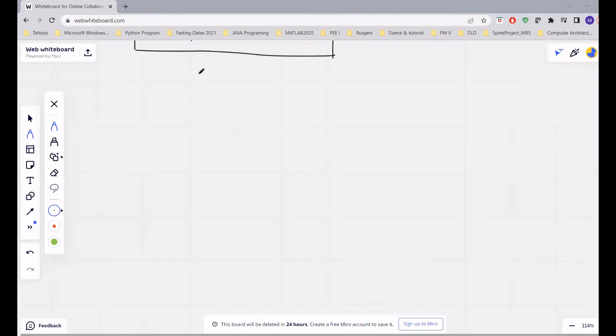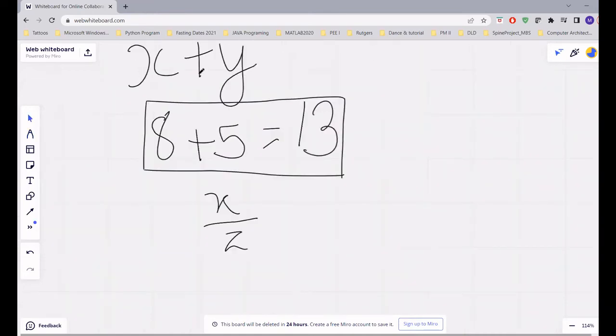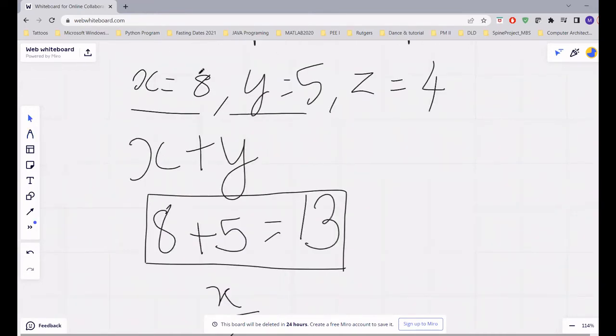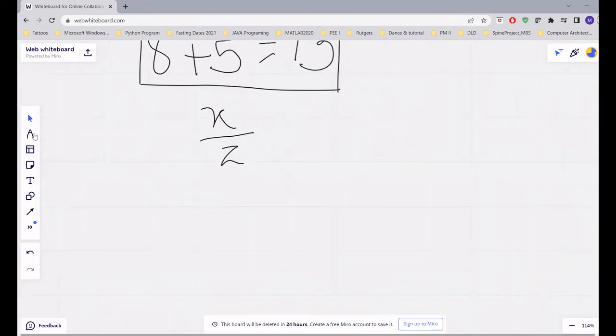Now let's take another example. x over z. We know that x is equal to 8 and z is equal to 4. So we just have to substitute those values.